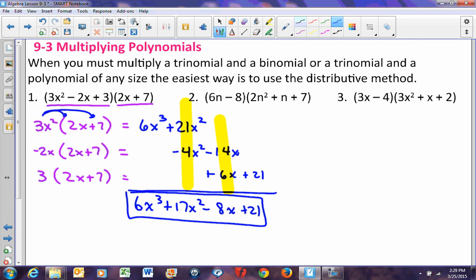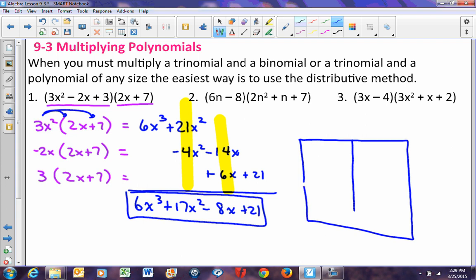Okay, and it doesn't matter if I multiply the trinomial times the binomial or the binomial times the trinomial. In problem number 2 here, it doesn't matter which order you write them in, as long as you multiply everything by everything, you're good. So I'm going to take problem 2 here, and I'm going to use the box method. Since I have a 2-term by a 3-term, I need a box that's 2 by 3. Okay, this way, 3 that way. 3 by 2, it doesn't really matter.